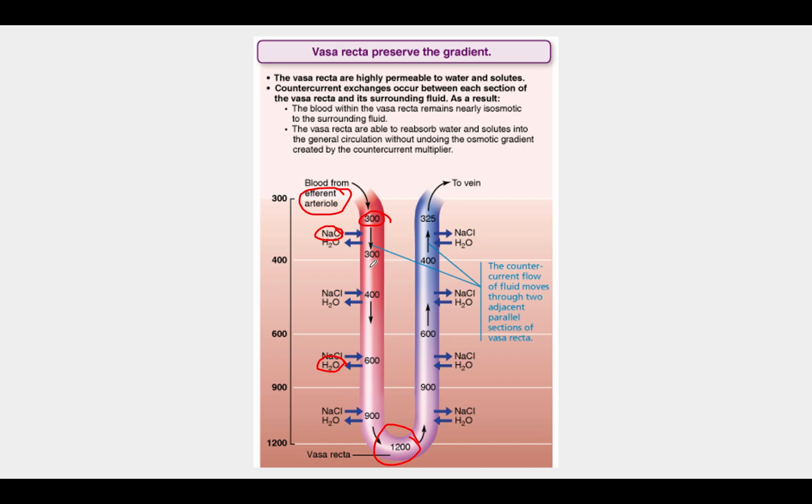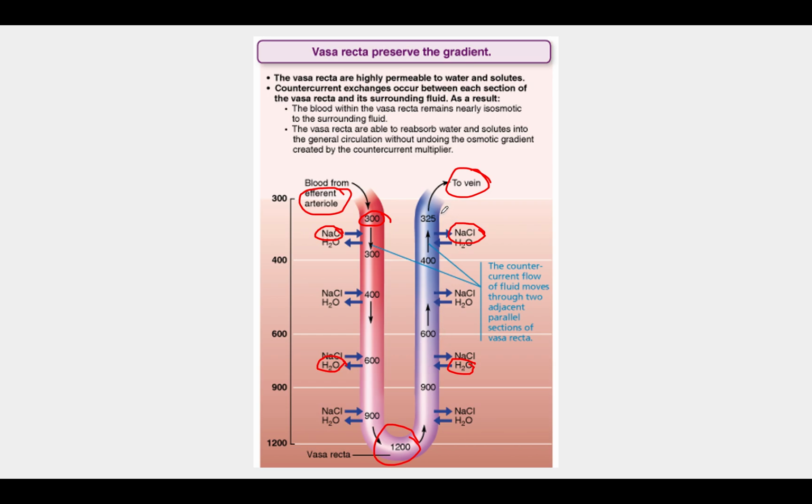Well, this exchange is supposed to be highly concentrated, but there's just a dilution that occurred. So we have to go to the vein, which is on the other side. This vein will push out sodium chloride into this extracellular fluid, and then water is pushed back into this vein and reabsorbed into the bloodstream.